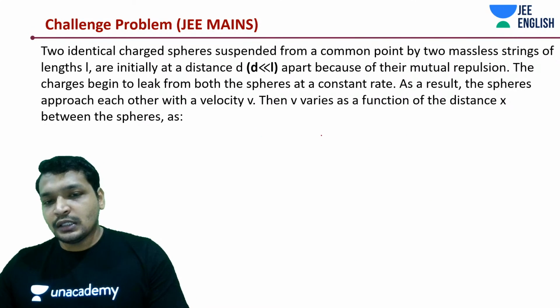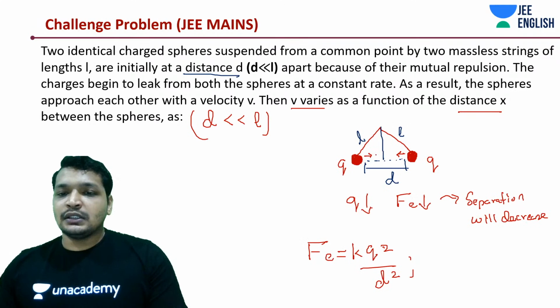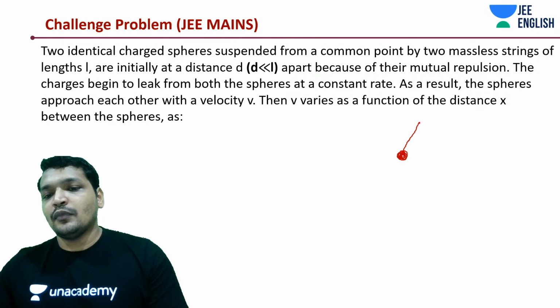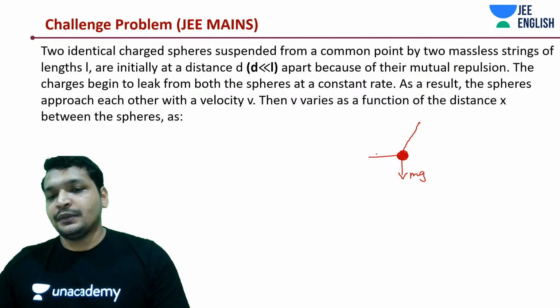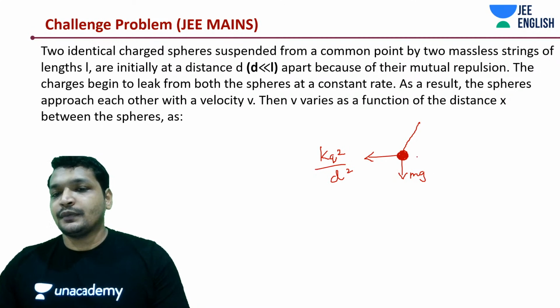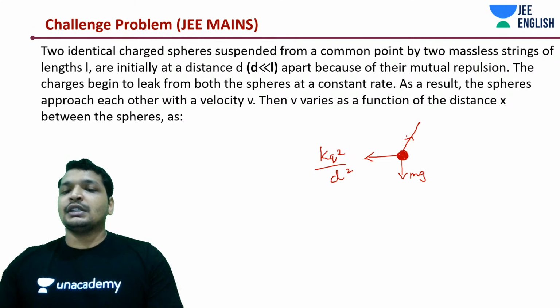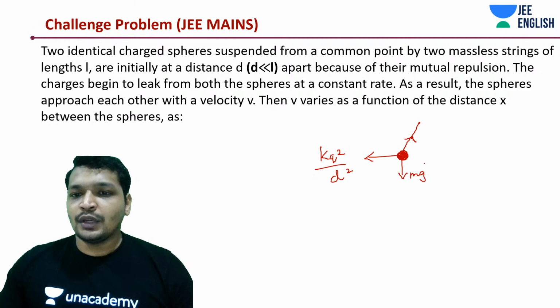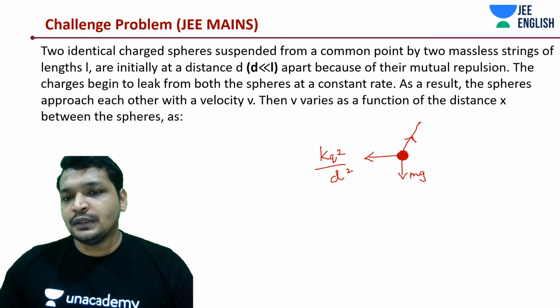So first thing is, in this case, let's just draw one of the balls, not both of them, which is experiencing two kinds of forces. One is mg, the other one is electrostatic repulsion. This is kq square by d square initially. Now in the initial condition, everything was balanced.